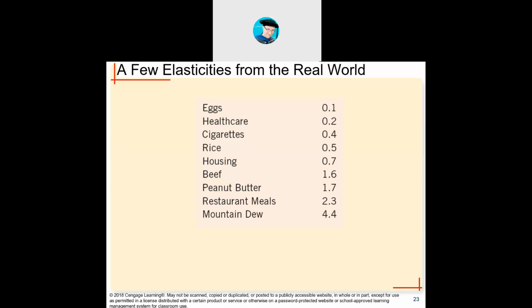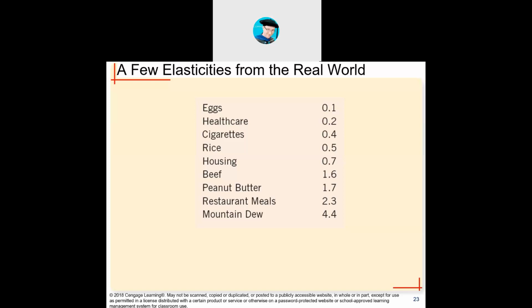Healthcare, again, very low. You can't replace it. Cigarettes, because if you're addicted to nicotine, it doesn't matter if the price skyrockets. You'll still use them. Rice is in a ton of different ingredients and recipes. Elasticity is very low. Housing, we all need it.